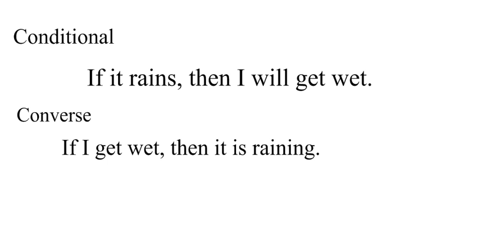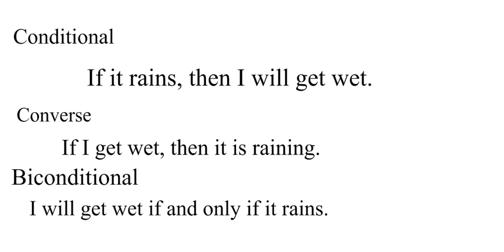An example of a biconditional statement: from before we had the conditional if it rains then I get wet, and the converse was if I get wet then it is raining. And the biconditional, combining both those ideas into one statement, would say I will get wet if and only if it rains.